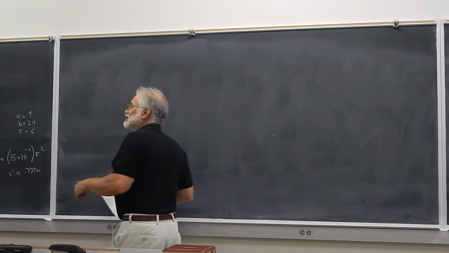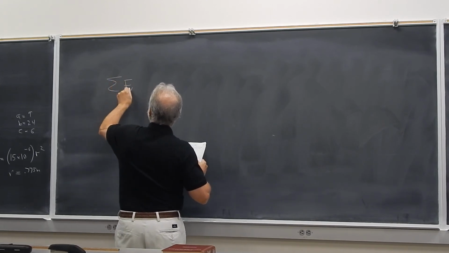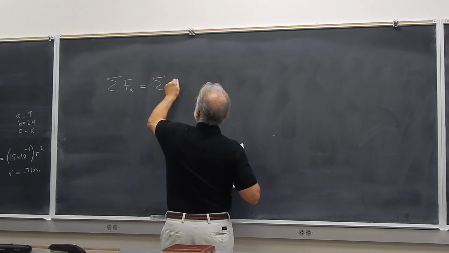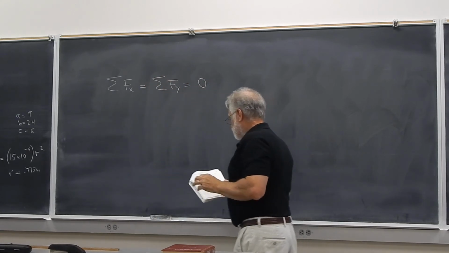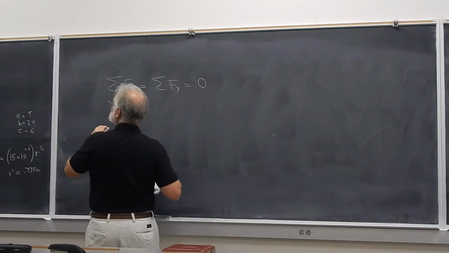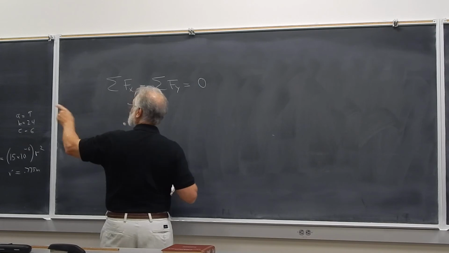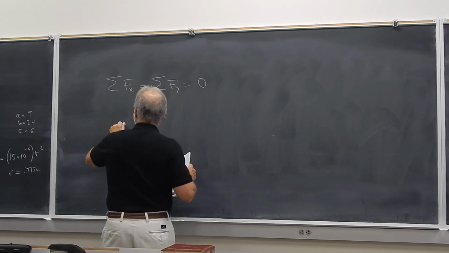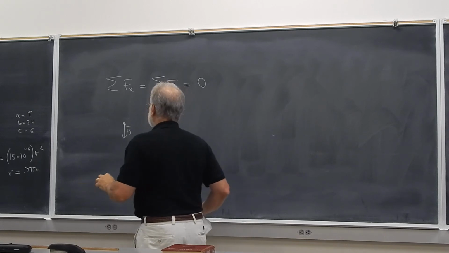Because the spheres are in equilibrium, I know that the sum of the forces in the x direction and the sum of the forces in the y direction have got to be 0. Let's just look at the charge on the right. I have a force of gravity that pulls downward.